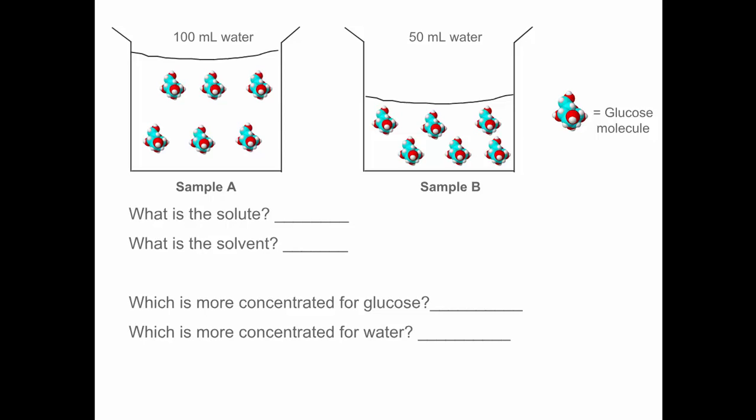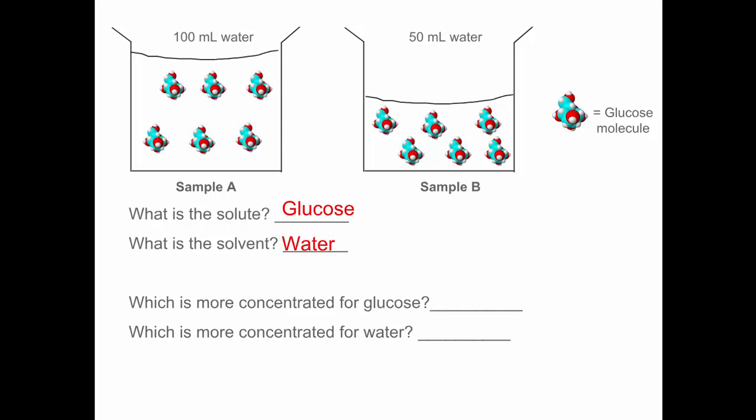Here we have dissolved some glucose in water. In this case, what's the solute? Glucose. And the solvent? Now how about which has a higher concentration of glucose? Abby? B, but there's an equal number of molecules. Correct.